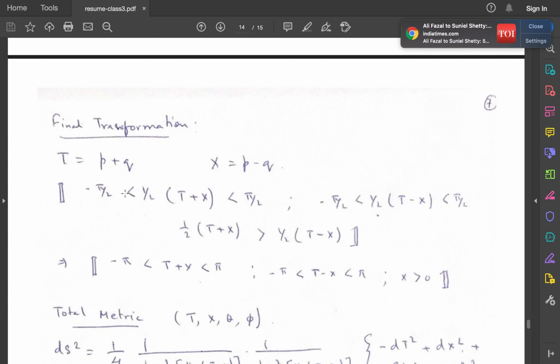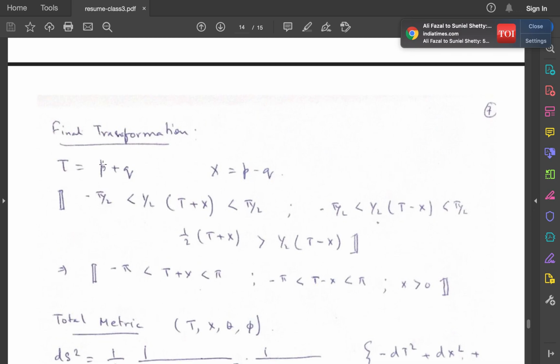Now if I do this transformation, keep track of the ranges. So t plus x should lie between minus pi by 2 and pi by 2, and both p and q should lie between minus pi by 2 and pi by 2.